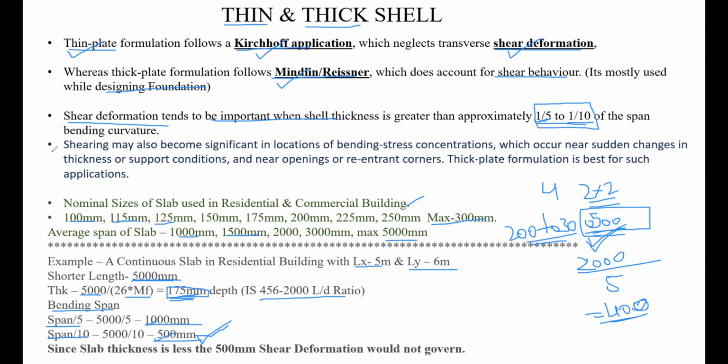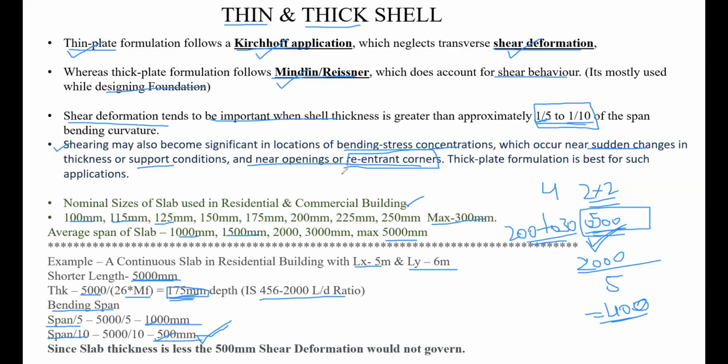Okay. Now there are some points where shear may also govern. Shear may become significant at locations of bending stress concentration, which occur near a sudden change in thickness or support condition, and near an opening or re-entrant corner. What is a re-entrant corner?